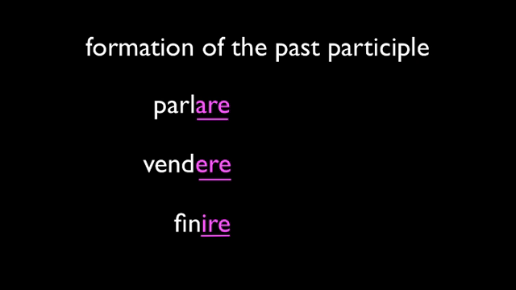To form this past participle, and by this I mean the regular past participle, there's also an irregular past participle that I'll talk about in another video, but for the regular past participles, as would be formed with the three conjugation numbers, parlare first conjugation, vendere second conjugation, and finire third conjugation, you would change the -are in parlare to parlato, and we saw that before with guardare, guardato.